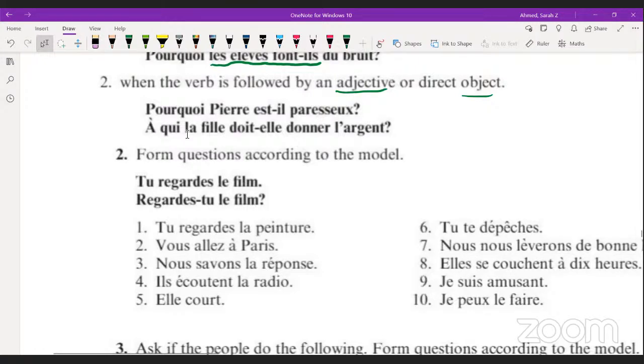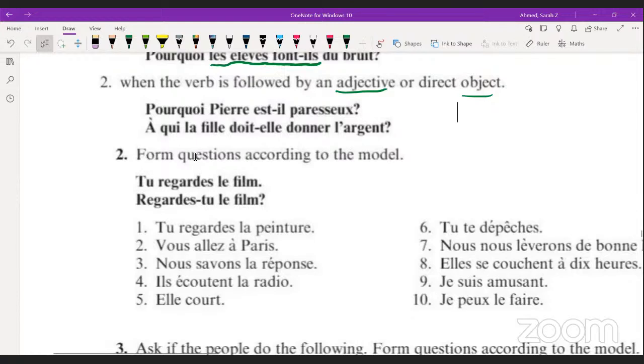Okay, à qui la fille doit-elle donner l'argent? Yeah, that one's not that important.